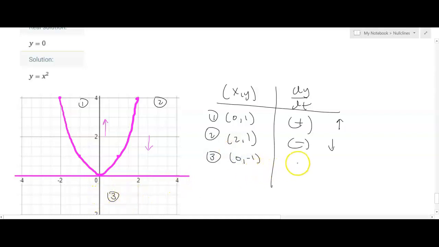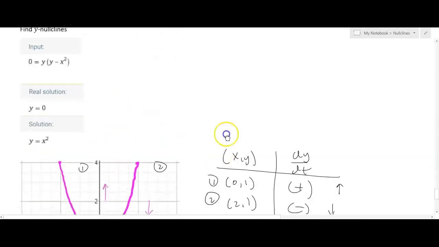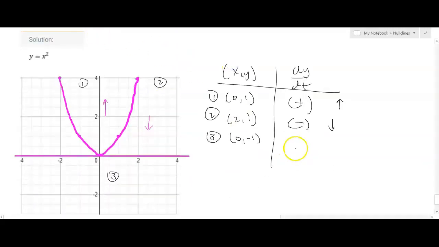If I choose that, I'm going to get a positive value, which means the y component of the vectors will point up. That's region 3. Region 4 is over here, so let's pick negative 2, 1. That's going to give me a negative slope, and so those vectors are going to point downwards.